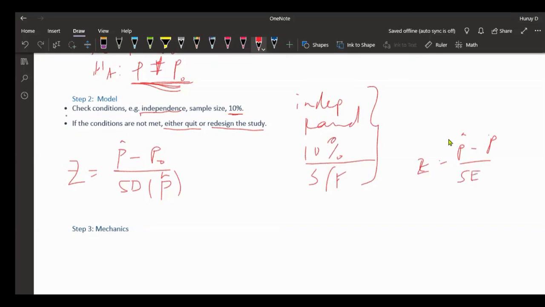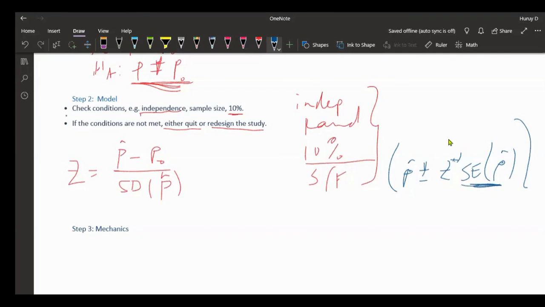Or let me write it in a different way. When we write the confidence interval, we would put p hat plus or minus z asterisk, the critical value, times the standard error of p hat. So this is the confidence interval. So why do we use standard error here but not here?